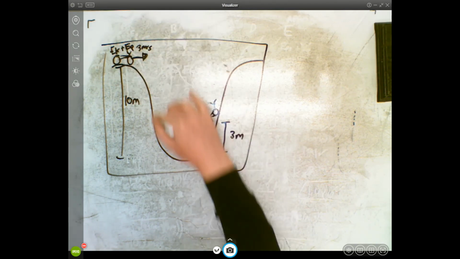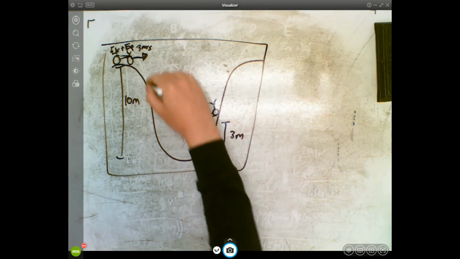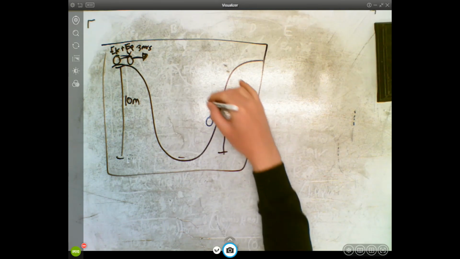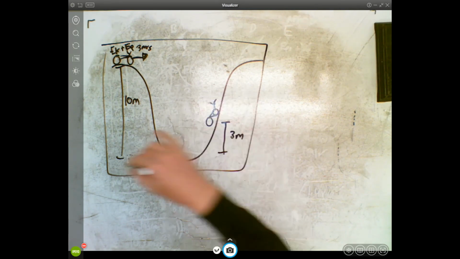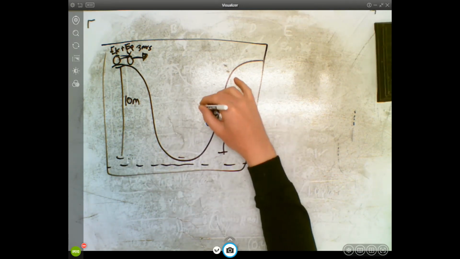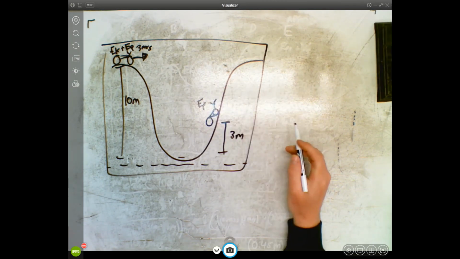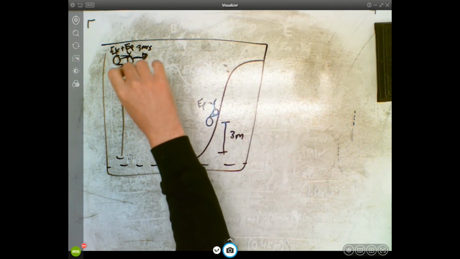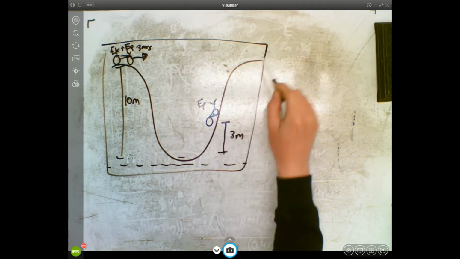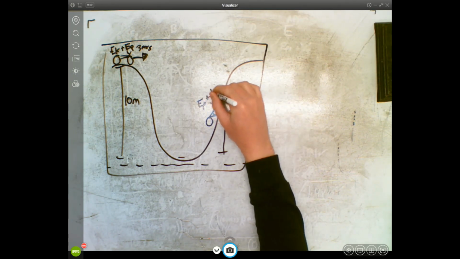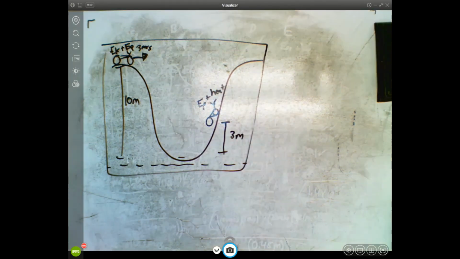As we coast down, we're gaining kinetic, losing potential, and then here it's stopped. So if the bottom is our reference point, it has potential energy, but we should have coasted back up to the top. So what that means in this question is that we must have some heat in this example, right?